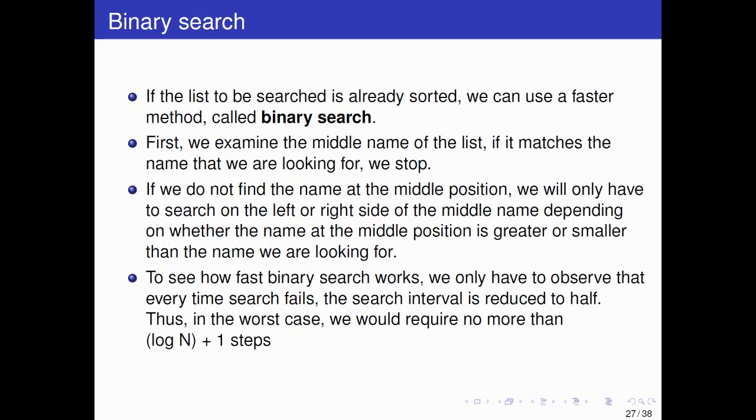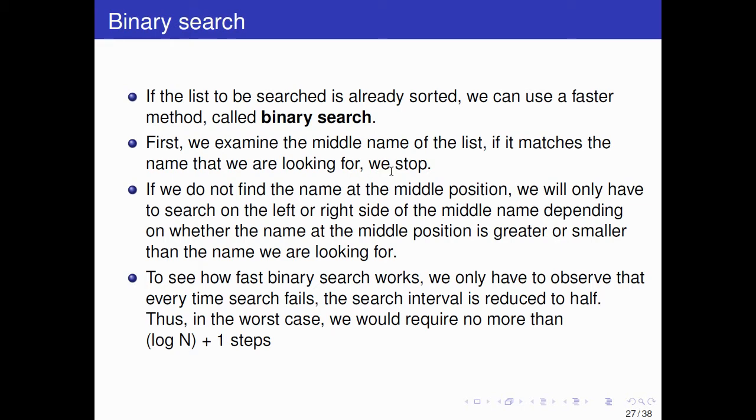Okay, so first, what it is saying: you have a sorted list and you are searching for some value in it. So we examine the middle name in the list. It says name because in the book they take list elements as names, I'm taking them as numbers. If we examine the middle name of the list and it matches the name we are looking for, we stop.